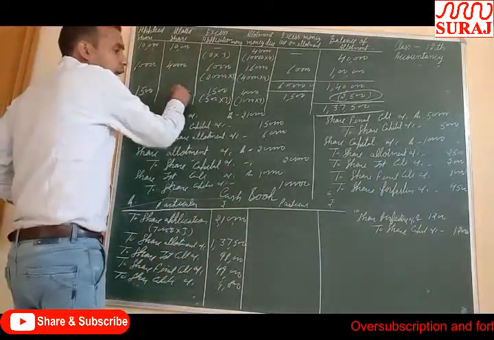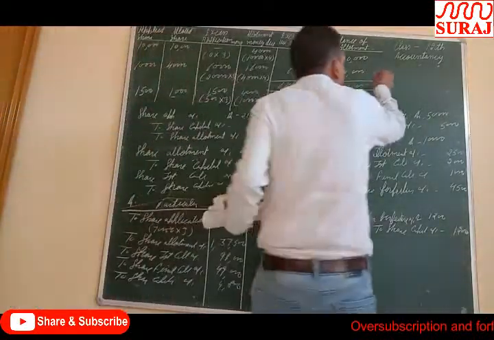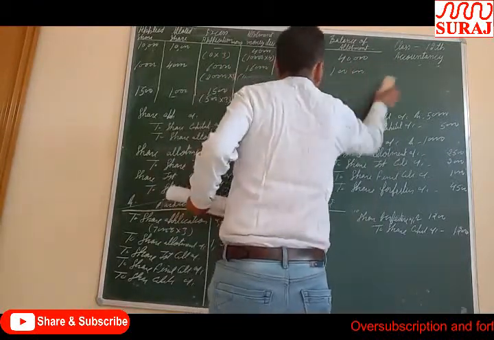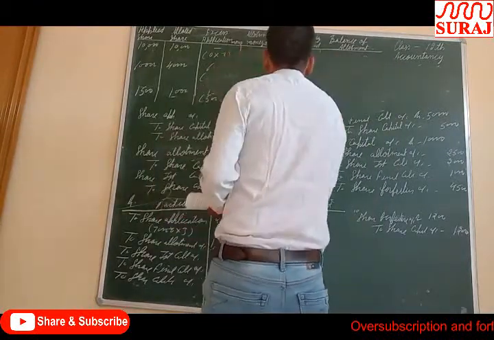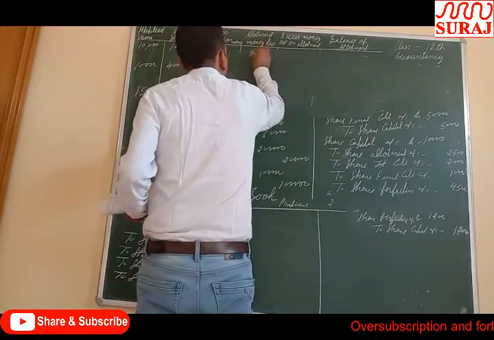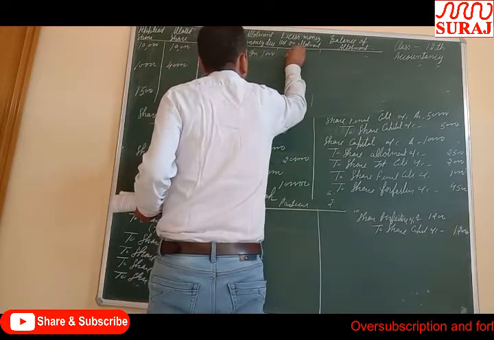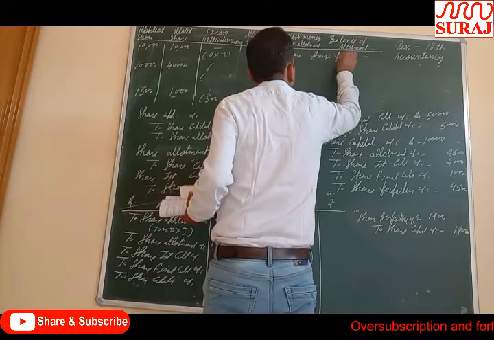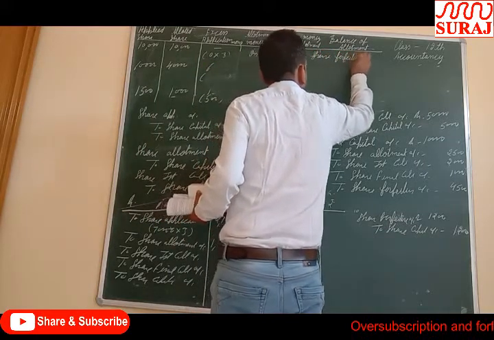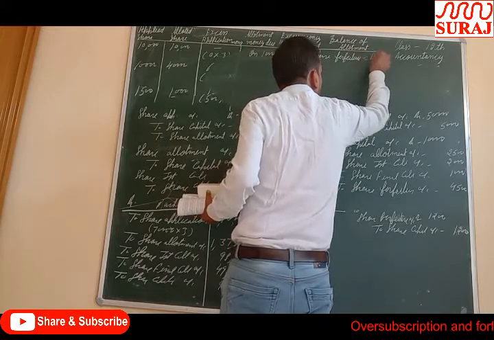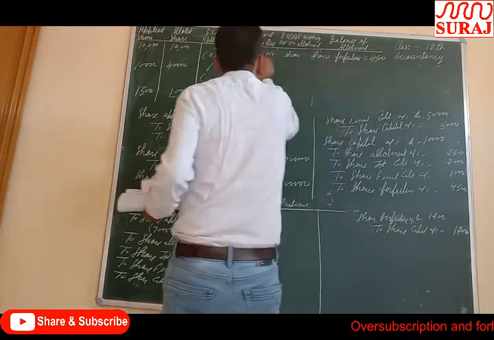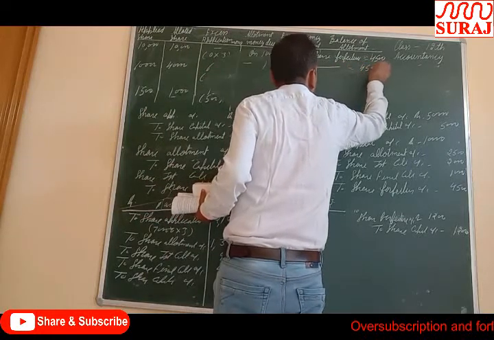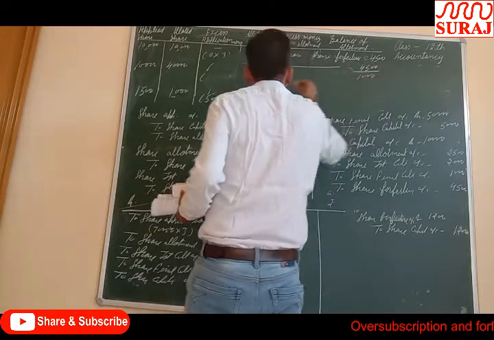Forfeited 1,000, reissued 600. On 1,000 shares, share forfeiture 4,500. On one share forfeiture, 4,500 divided by 1,000.